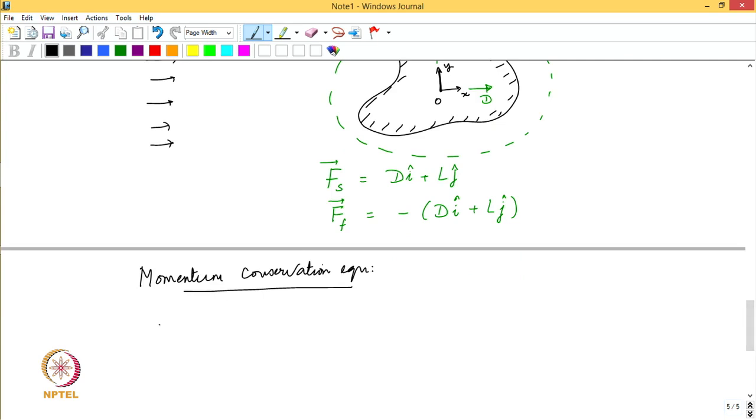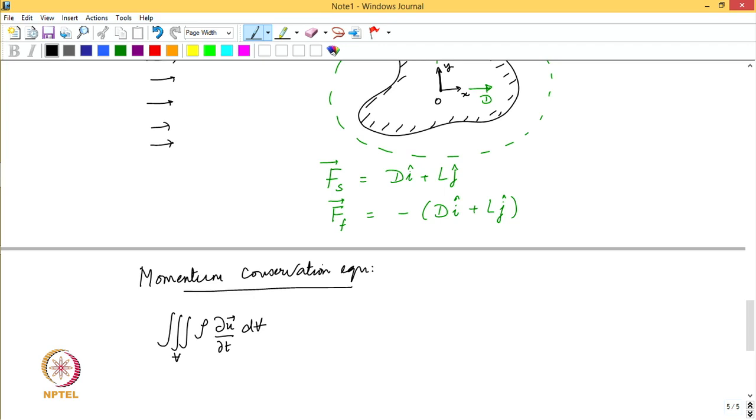So, we can say this will be the volume integral of rho, being the density of the fluid, du dt, where u being the velocity, dv, and I am going to use vectorial notation for a little while, just because it will make it easier for you to understand, as I am sure all of you have done some level of fluid mechanics at your undergraduate level, and you would be familiar with the vectorial form of writing these equations.